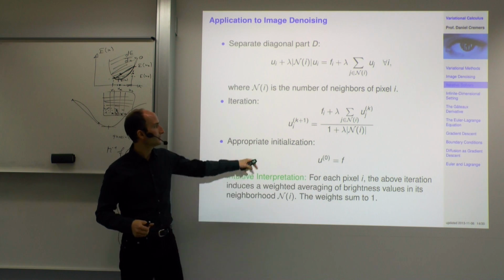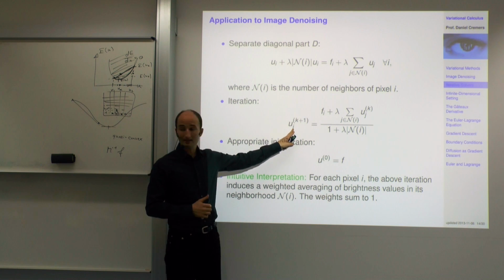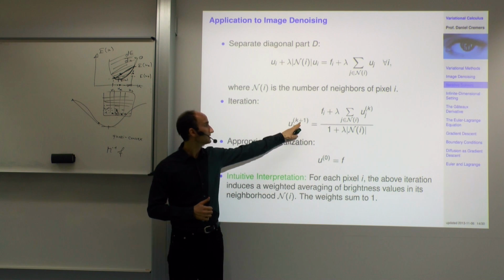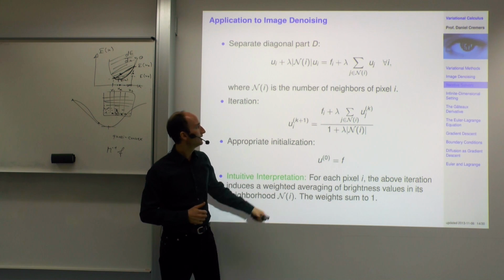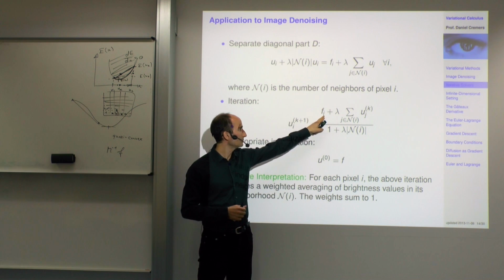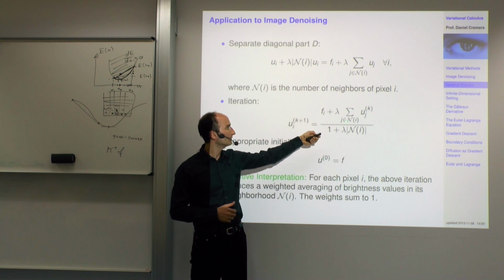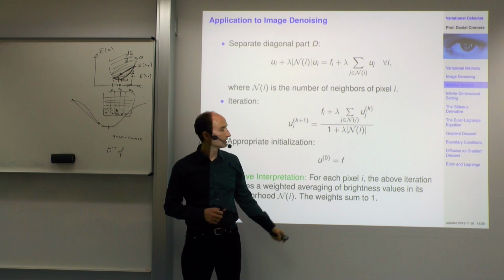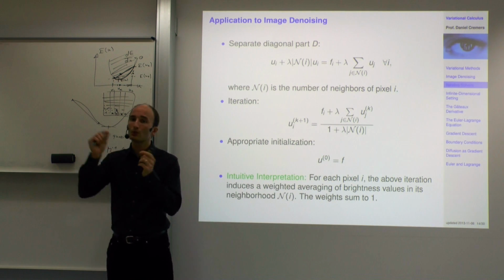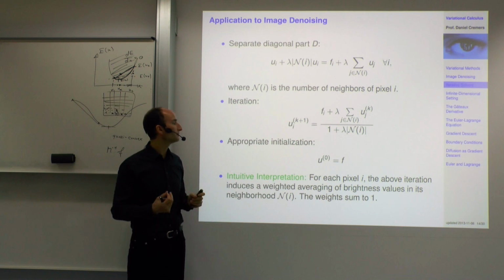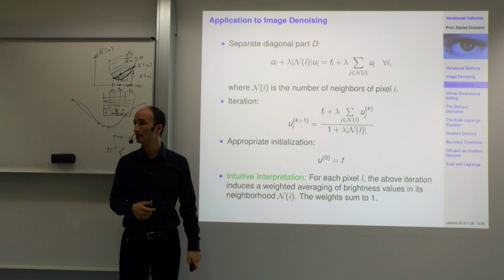What it does is essentially, you can see it this way, the brightness at pixel i for the next iterate, k plus 1. Well, how do you get it? You take the input brightness at that pixel, and then a sum of the neighbor brightness values, and you divide by some constant. So it's just a weighted summation of the neighbor values and the input brightness at every iteration.